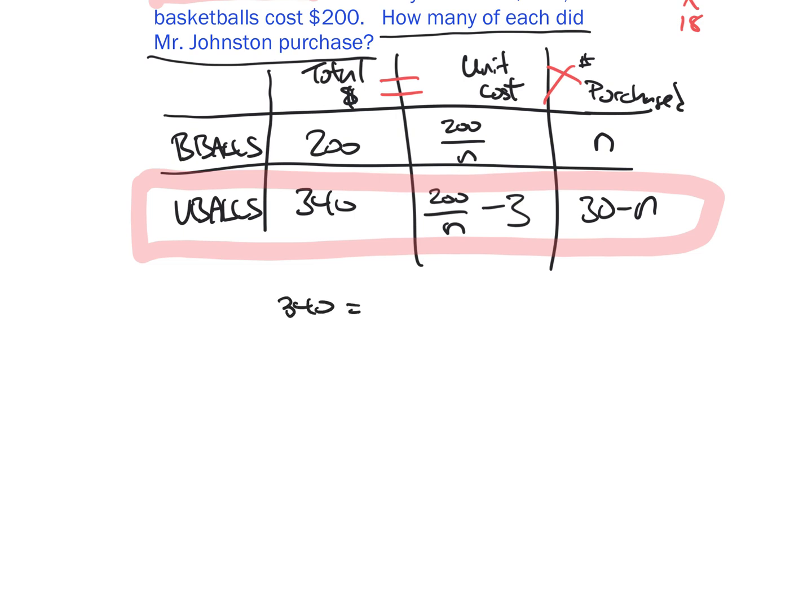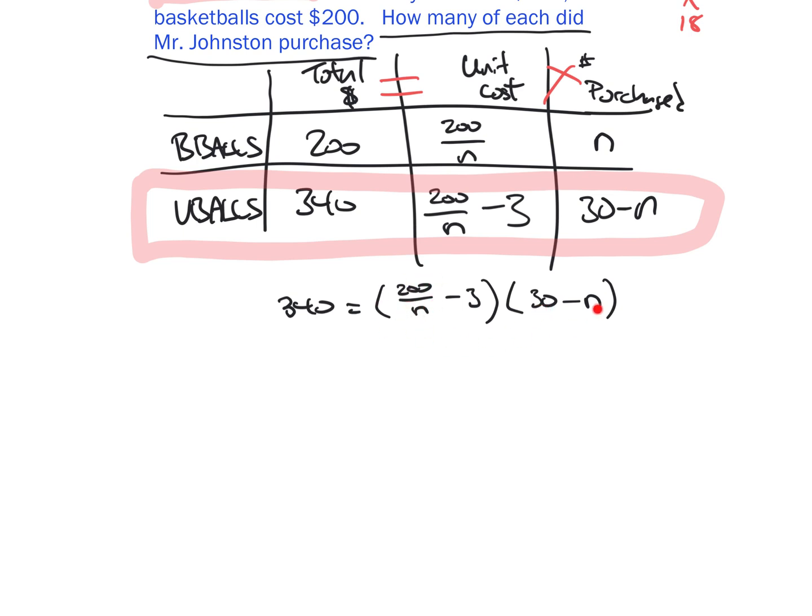340 equals 200 over N minus 3, times 30 minus N. Are we going to multiply 200 over N minus 3 by N? Yeah, we will. First, we're going to multiply it by 30.